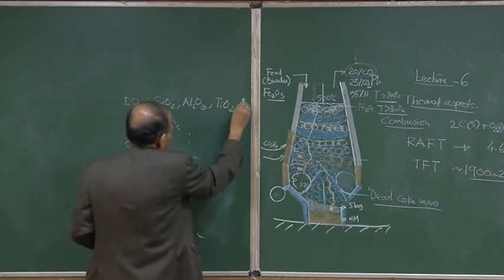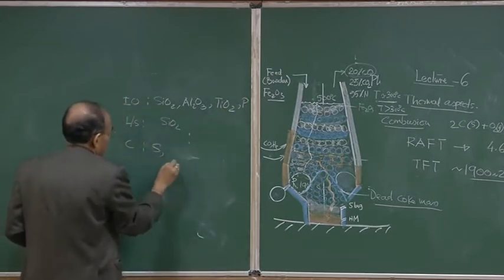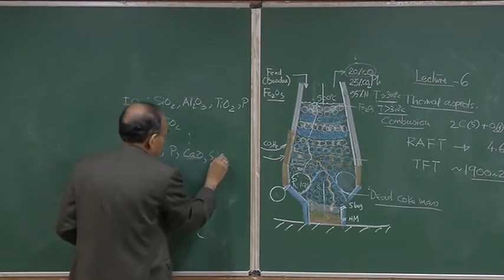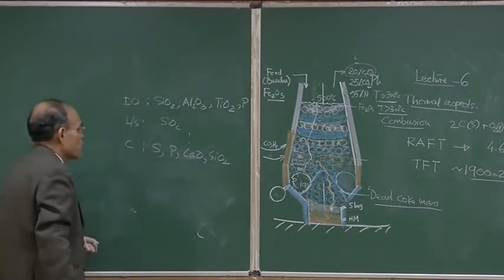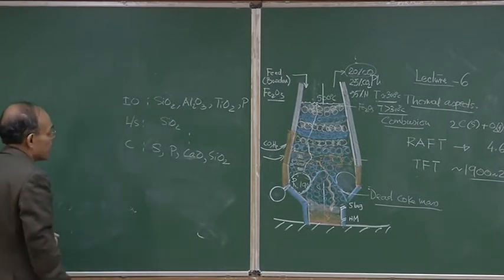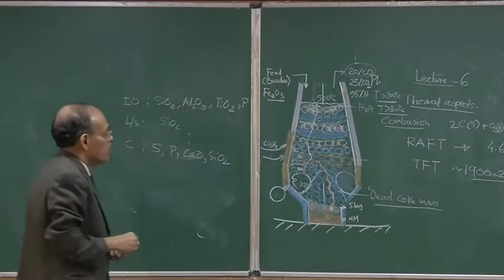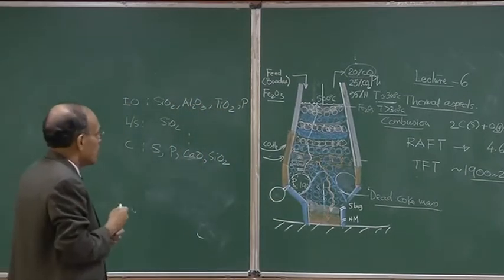Iron ore also contains some phosphorus. Sulfur, phosphorus, calcium oxide, silica: these are the impurities present. And of course, the air contains nitrogen, which is also an impurity, and that nitrogen manifests within the top gas itself, remaining unchanged.